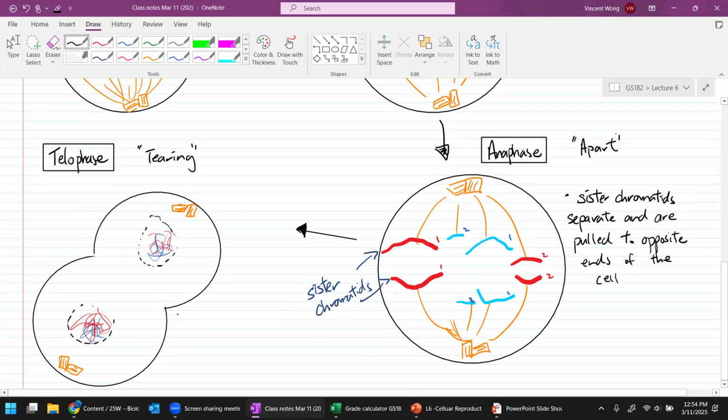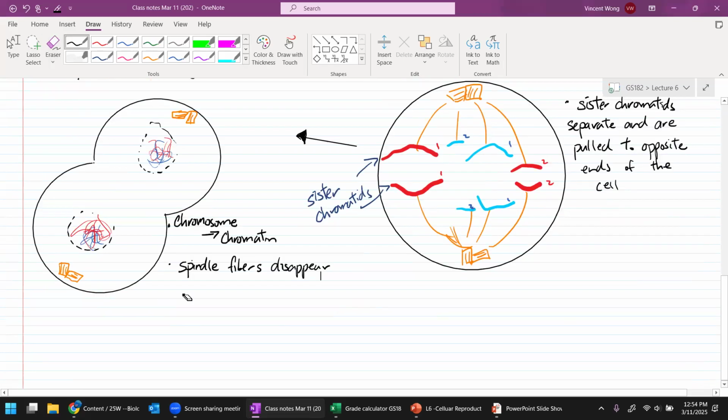So chromosome converts back into chromatin. Spindle fibers disappear. Nuclear envelope reappears.